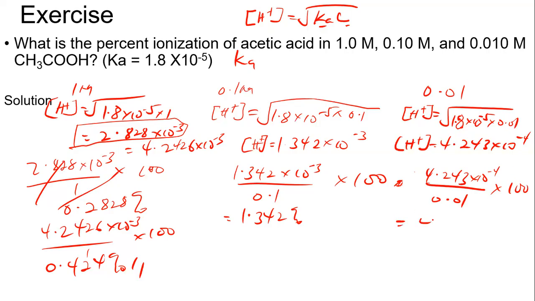So this one will give me 4.243%. Good. So realize that we've been able to calculate our percentages simply by using this formula.